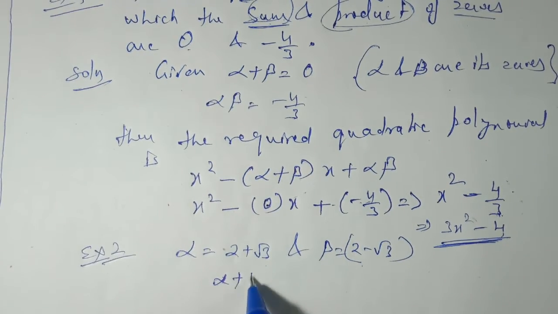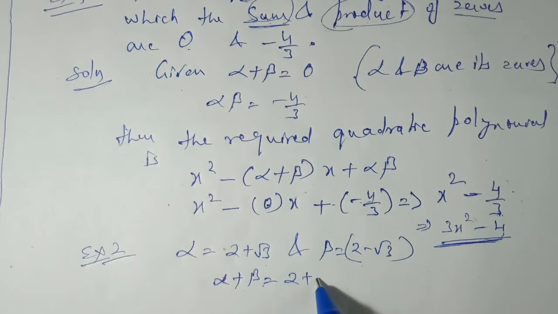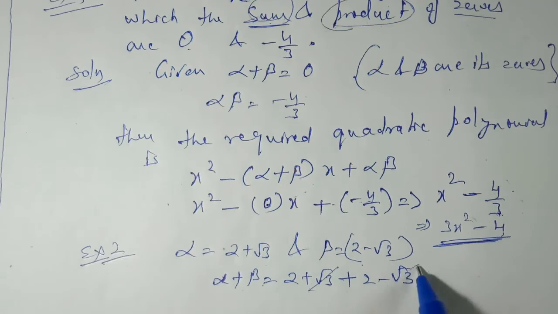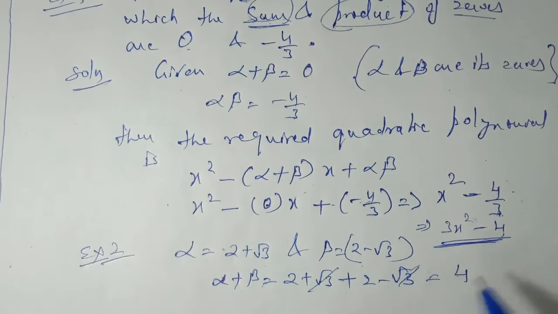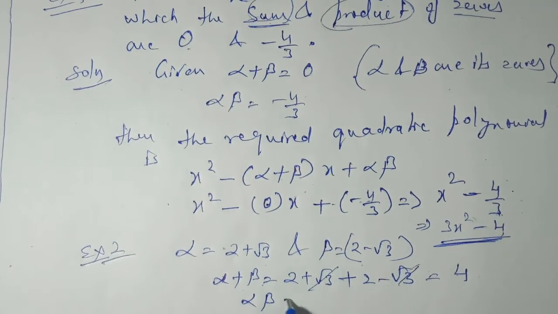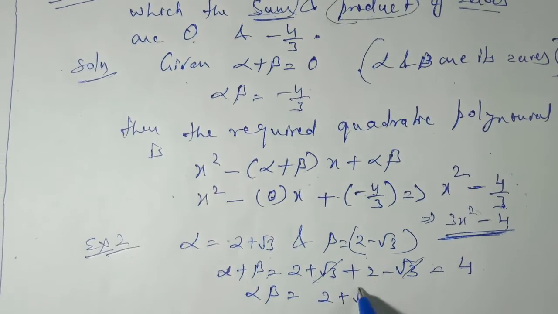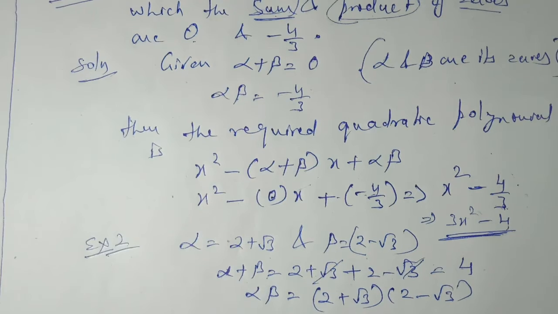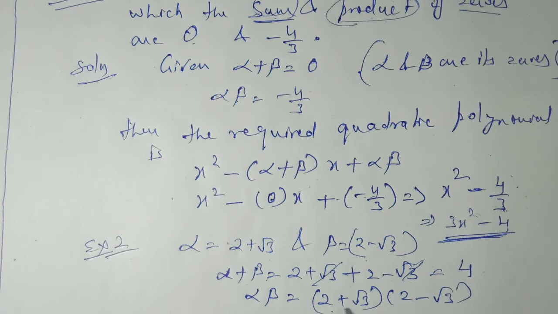So if we find the value of alpha plus beta, then it will be 2 plus root 3 plus 2 minus root 3. So root 3 and root 3 will be cancelled. 2 plus 2 will give 4. And alpha into beta means we have to multiply both of them, 2 plus root 3 and 2 minus root 3. Now if any identity is applicable, then you have to use it.